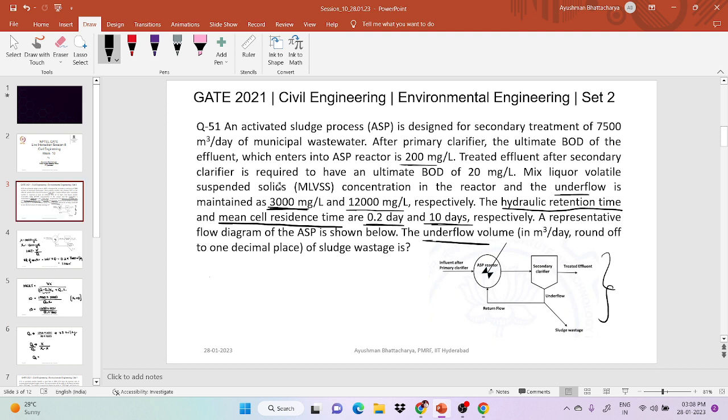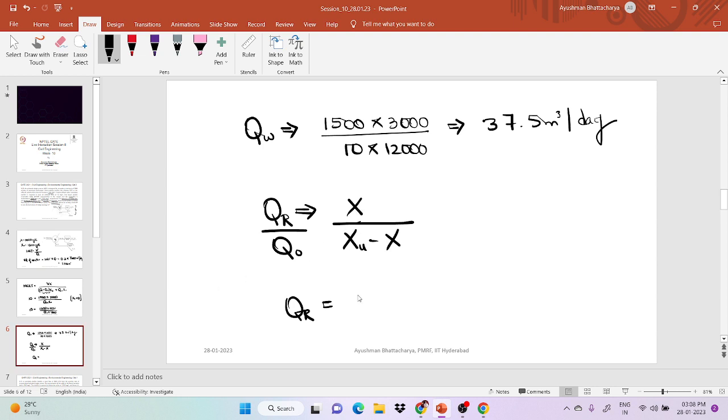Okay. So X is 3000 here. MLSS concentration 3000 into 7500.